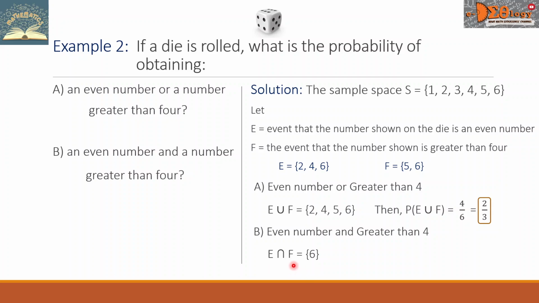So for E intersect F, there is one sample point. That means for the probability of E intersect F, the answer is 1 over 6. There's only one sample point, so we write it in the numerator all over the number of sample points in our sample space. So the answer is 1 over 6.